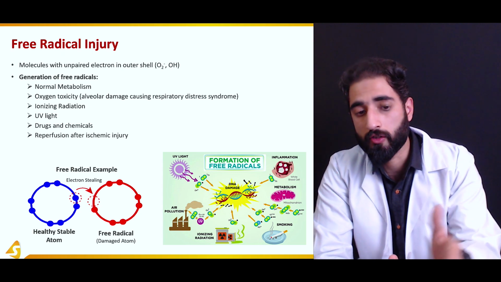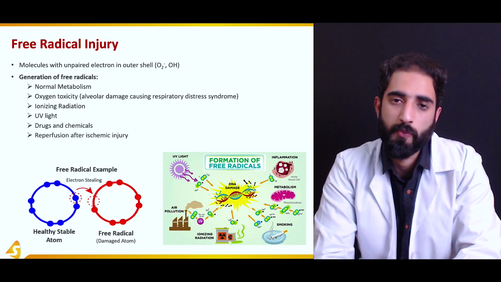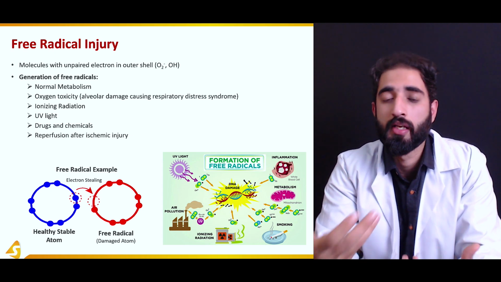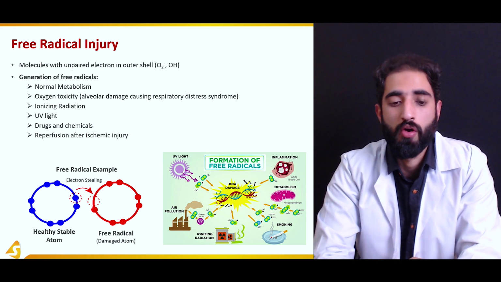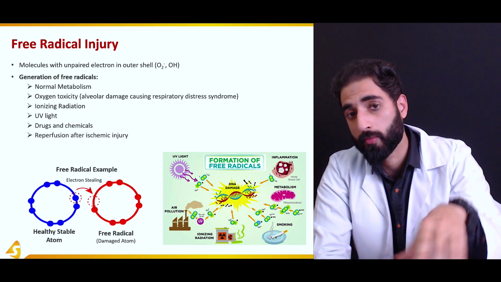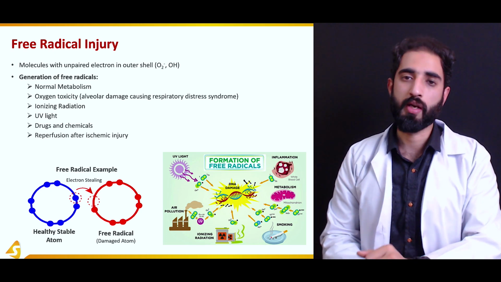Other than that, ultraviolet light: the ozone around the earth protects us from ultraviolet light, and our skin has melanin, which also protects us from ultraviolet light. If we are not protected from ultraviolet light, that can also result in the formation of free radicals.